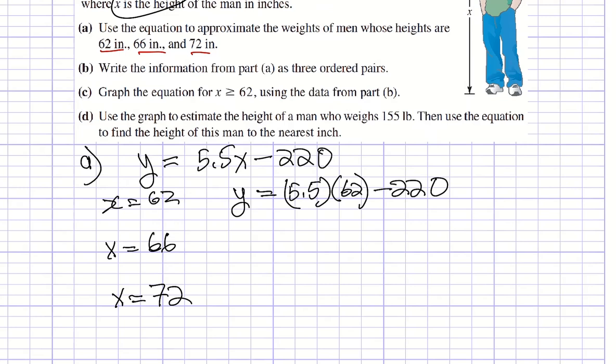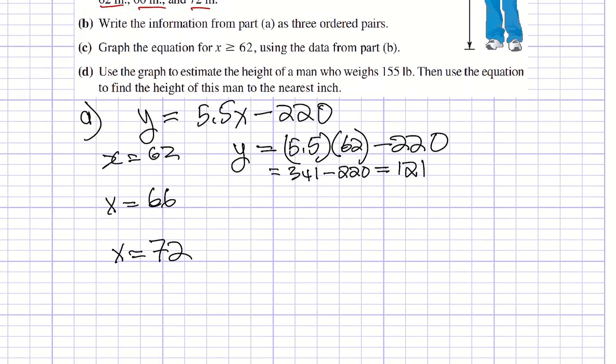Okay, if you do that, you have 5.5 times 62. Okay, you get 341 minus 220. What is that? Minus 220, you get 121. Okay, that's what you get there. And then this one, y is equal to 5.5 times 66.